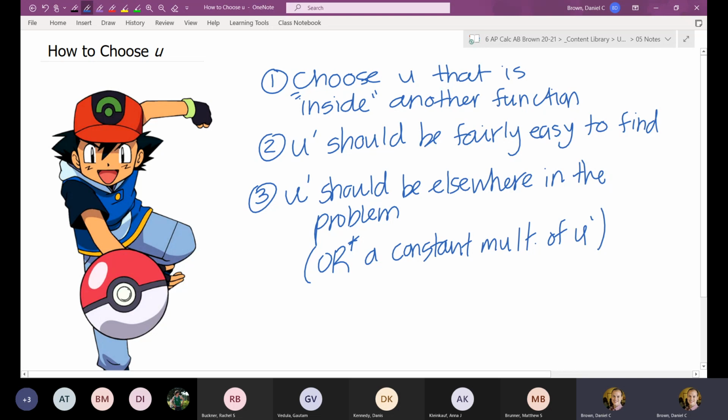The reason why we want to have a constant multiple or for u prime to be exact in the problem is, again, we want things to start canceling out, so it is a simpler problem. If you don't have a constant multiple of u prime, not all your x's will cancel, and you're going to be left with a harder problem to do.